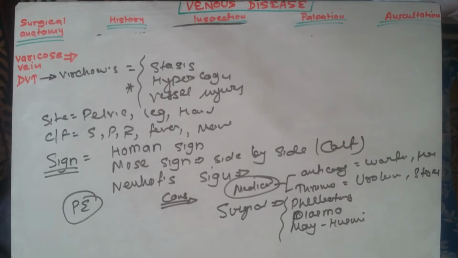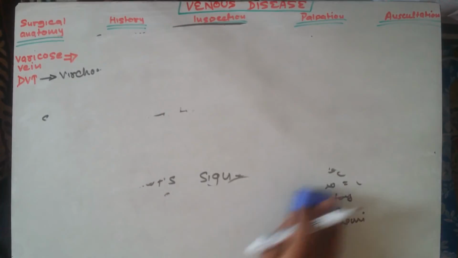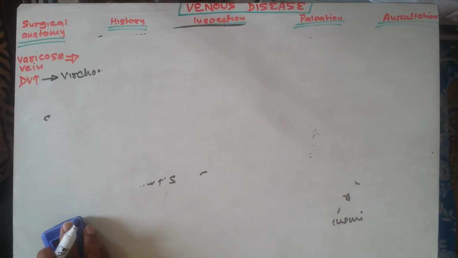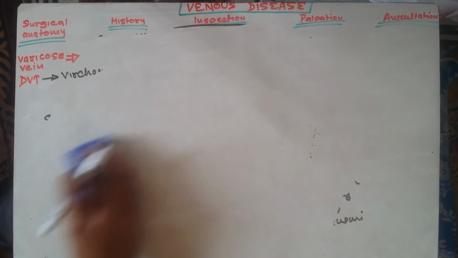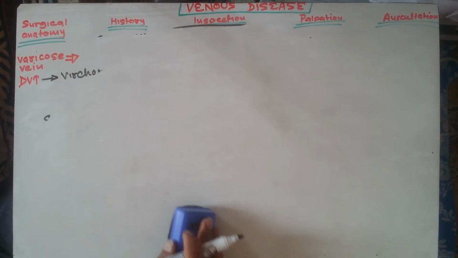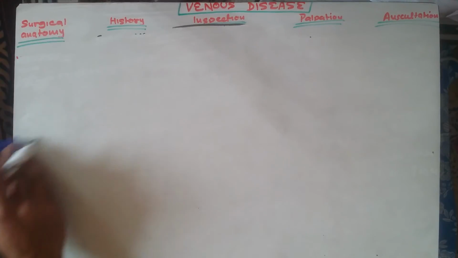Now we will go for the examination portion in case of the varicose vein. Okay, starting from the history. First of all, what would be the relevant history that is required in this patient? Usually they come with the clinical presentation or the complaint of swelling, pain, ulcer or pigmentation around the skin.